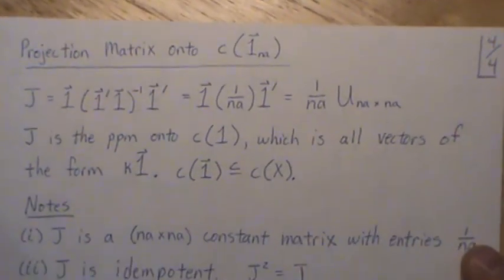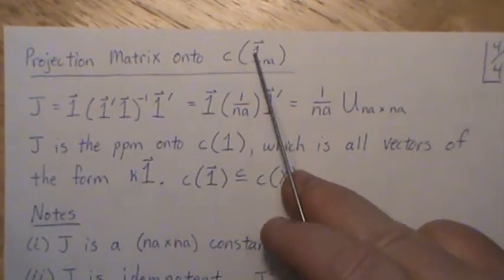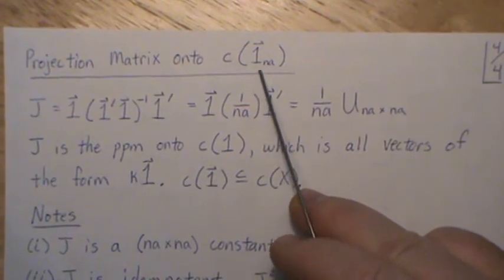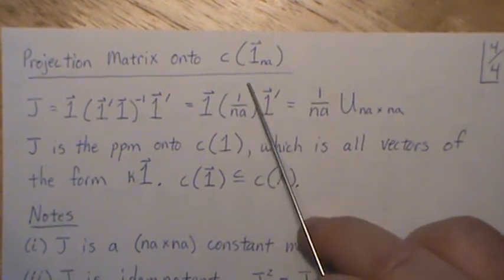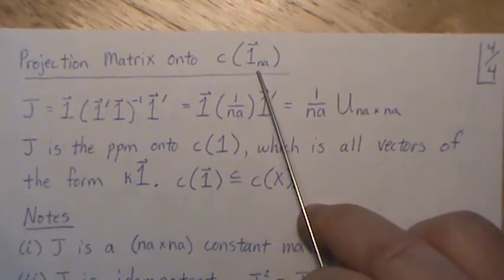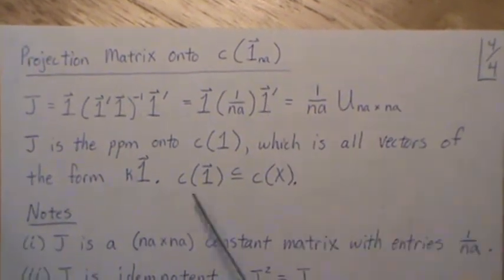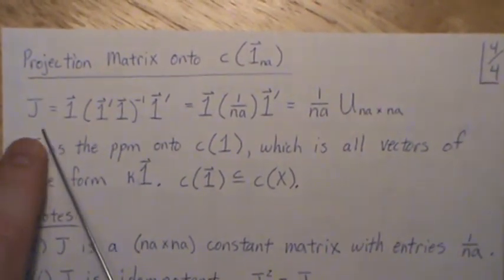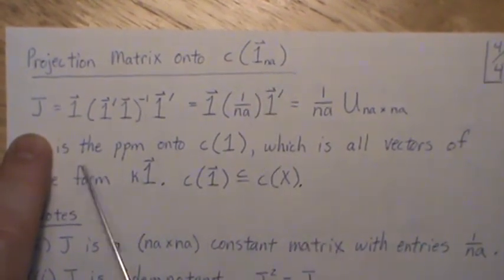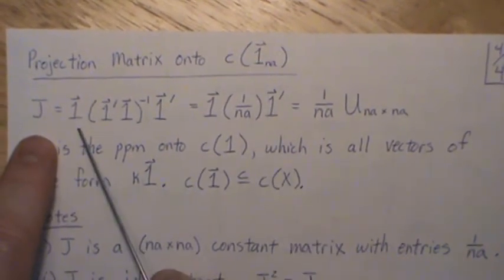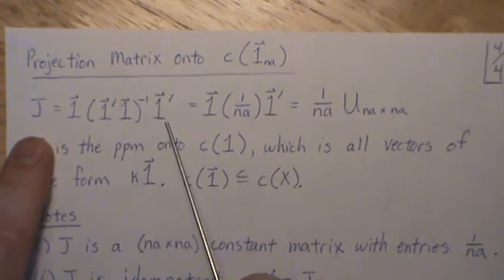Now, the perpendicular projection matrix onto the column space of 1, which is an na by 1 vector. This is the first column in the design matrix. The column span is all constant vectors. So let's look at the perpendicular projection matrix onto the column space of this 1 vector: you take 1, then 1 transpose 1 inverse, then 1 transpose.